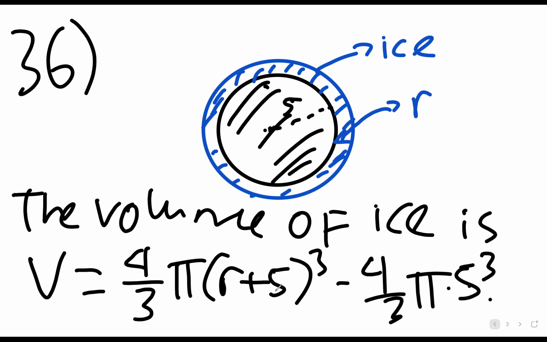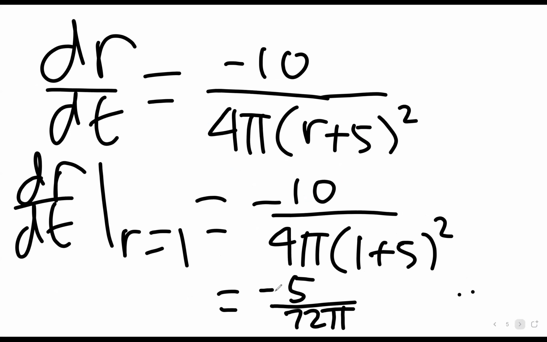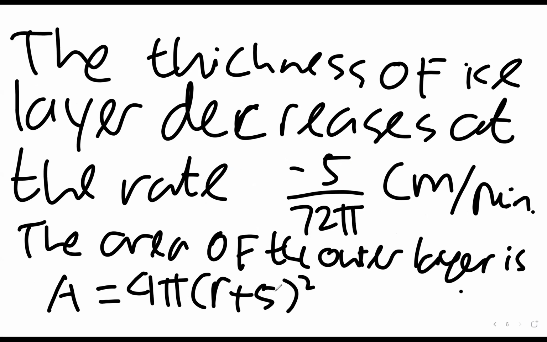So the surface area of the outer layer is 4 pi multiplied by (r plus 5) squared. Now the question asks how fast the area changes, and of course we have to calculate dA/dt.